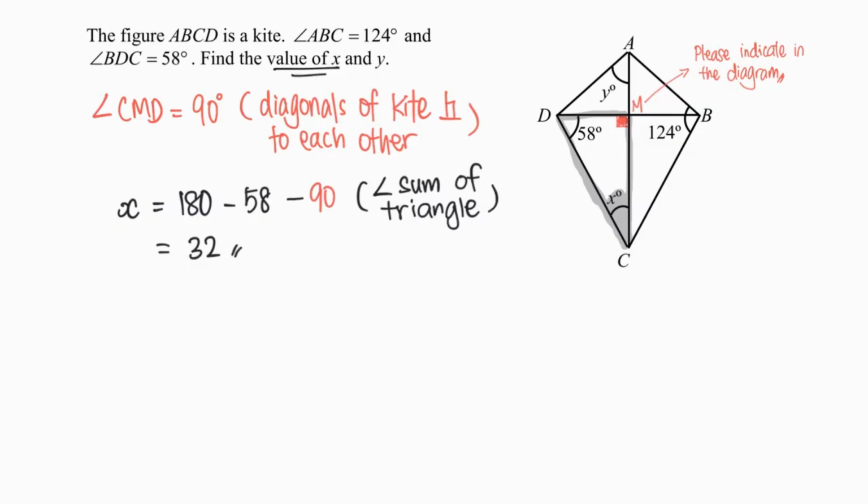Let's move on to y then. The next thing to take note of is that since this is a kite, if this is 124, this is also 124. So that is the first thing that you need to indicate. Angle ADC is equal to 124 degrees because ABCD is a kite.